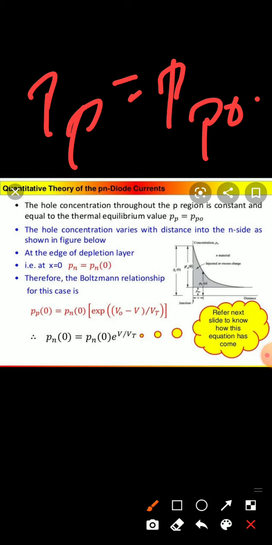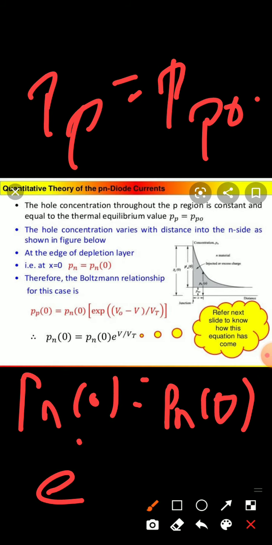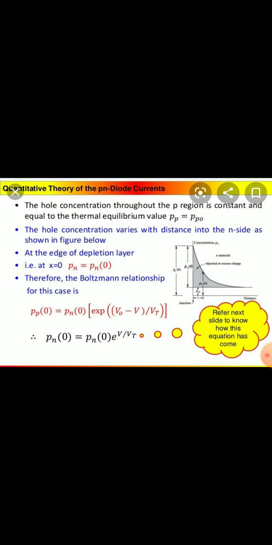At the edge of the depletion layer, where x is equal to 0, pn is equal to pn of 0. By the Boltzmann relation, this is exponential of V naught minus V by Vt. The equation is pn of 0 is equal to pn naught into e power V by Vt.